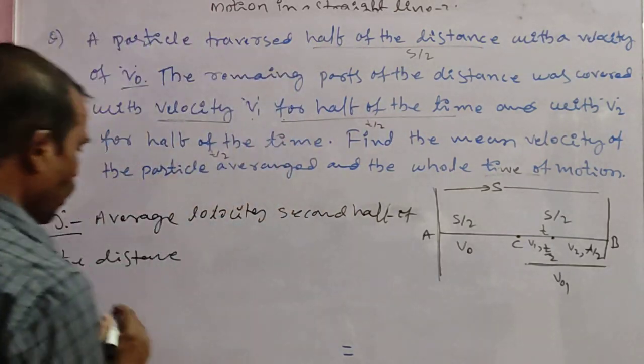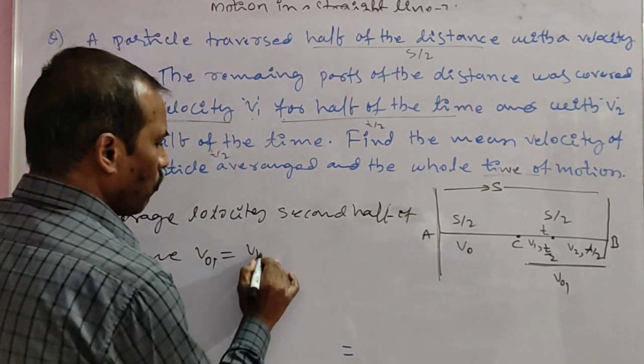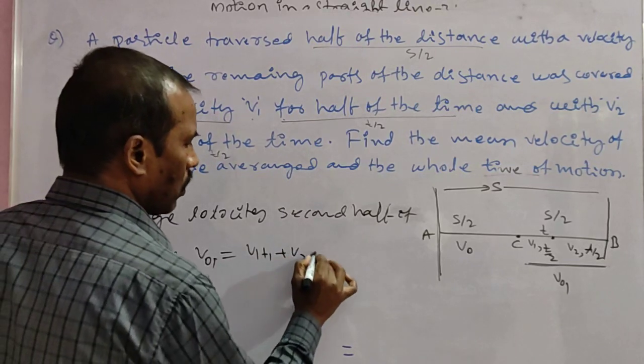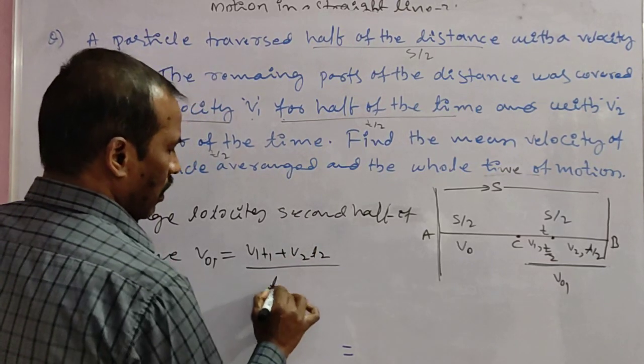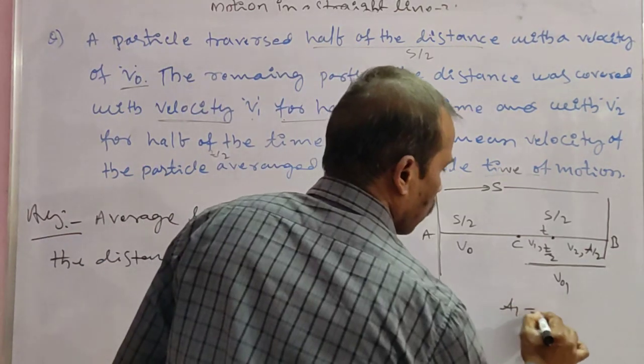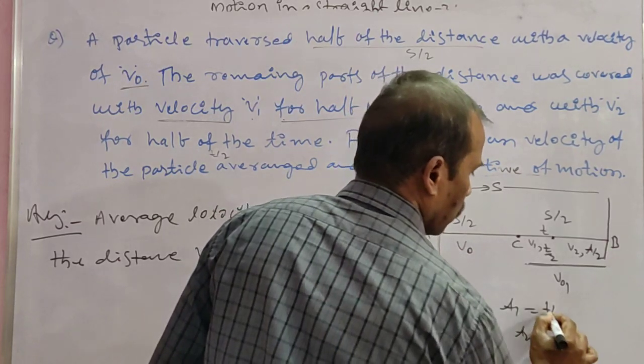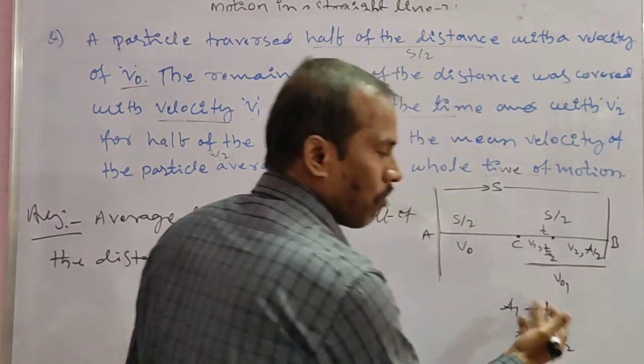So V01 is equal to V1 T1 plus V2 T2 by T1 plus T2, where T1 is equal to T by 2 and T2 is equal to T by 2, half of the time.